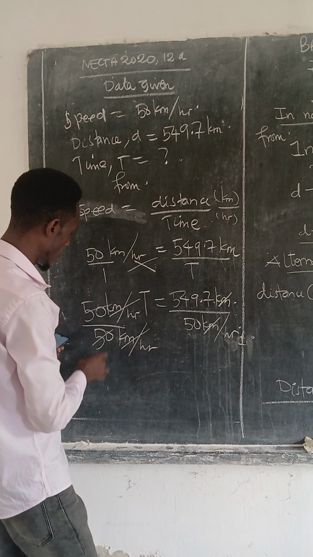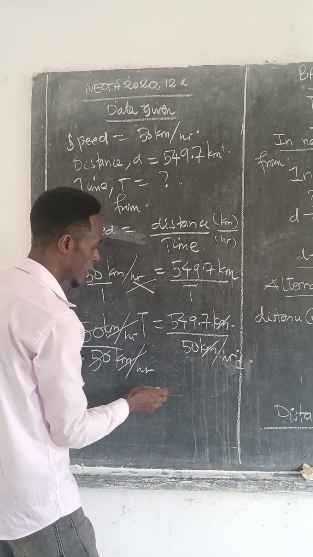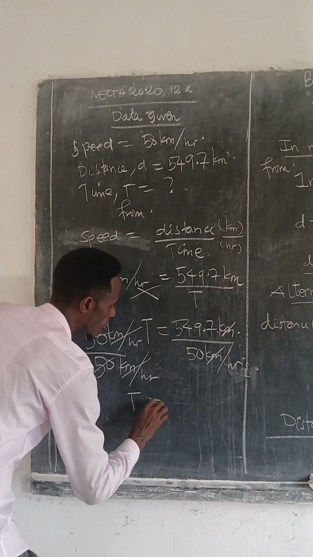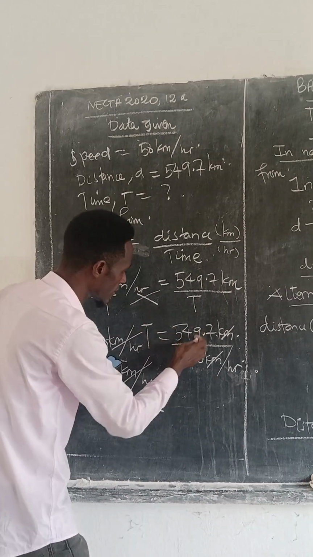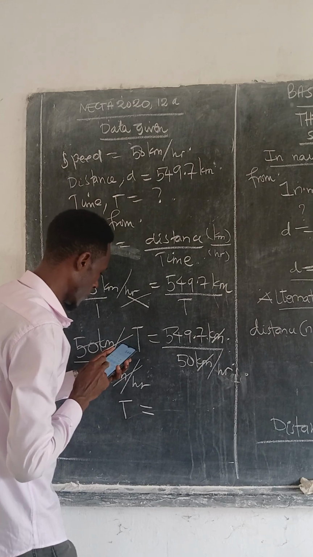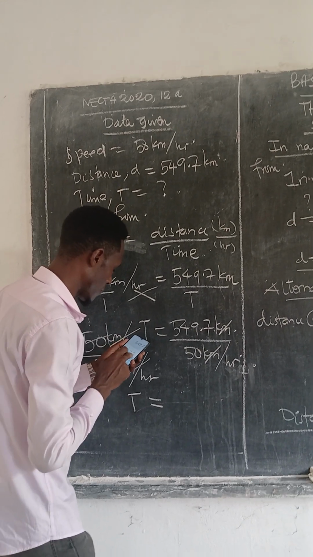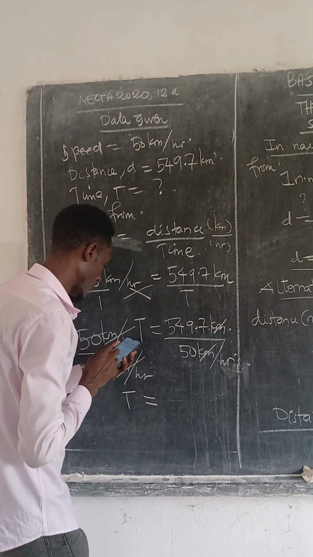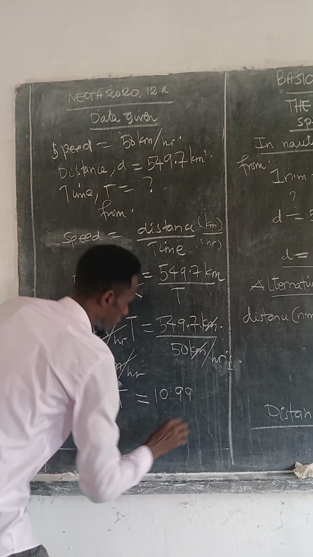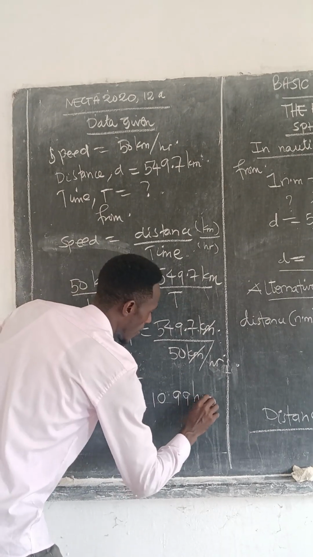You cancel out 50 kilometers per hour on both sides, whereby you obtain t equal to, just take this 549.7 and divide by 50. You will find the answer to be 10.99. So these are hours.